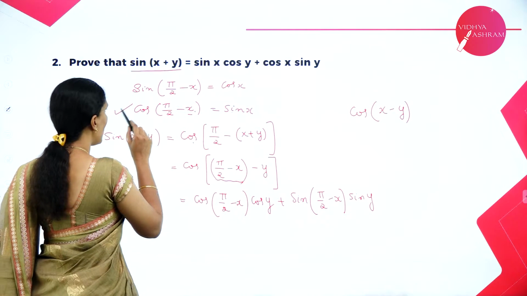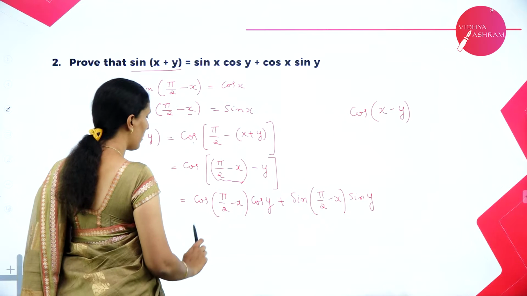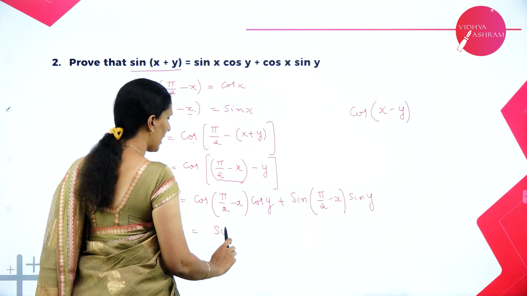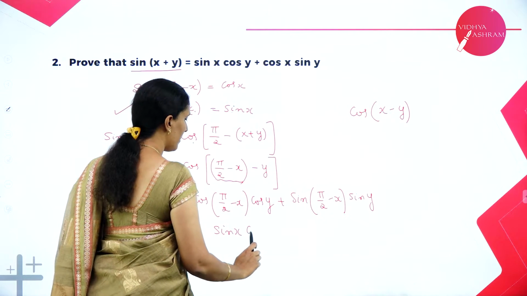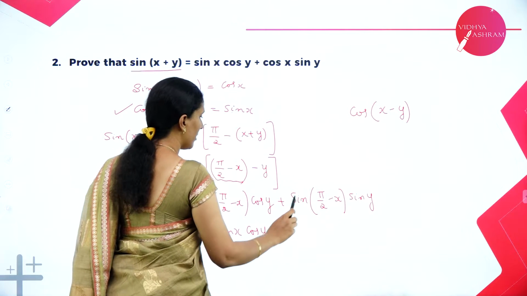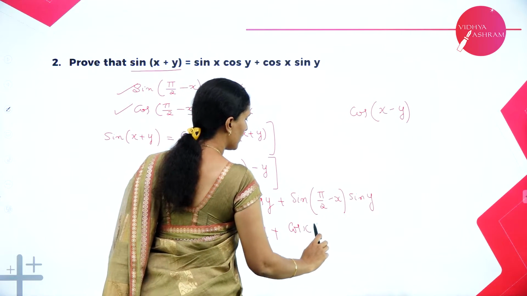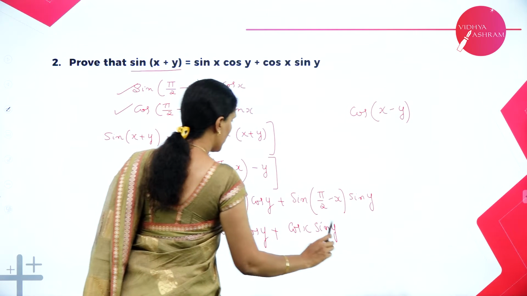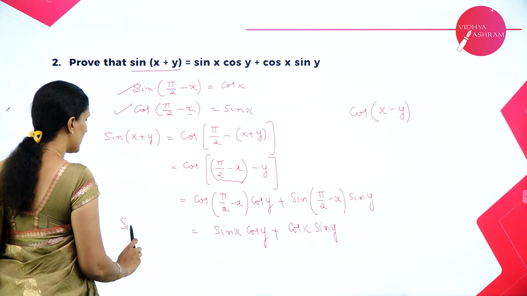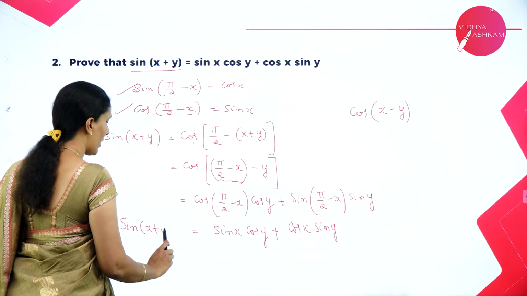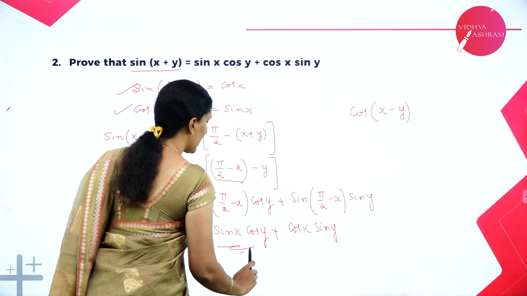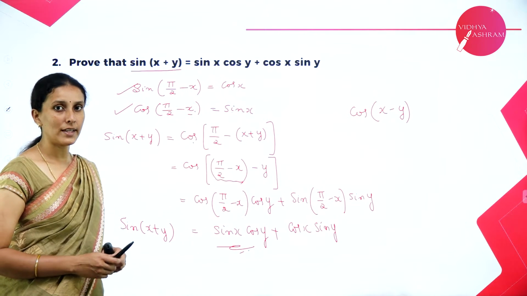Now here cos(pi by 2 minus x) can be written as sin x. This is the same cos y, and sin(pi by 2 minus x) can be written as cos x sin y. So thus we will get sin(x plus y) is equal to sin x cos y plus cos x sin y.